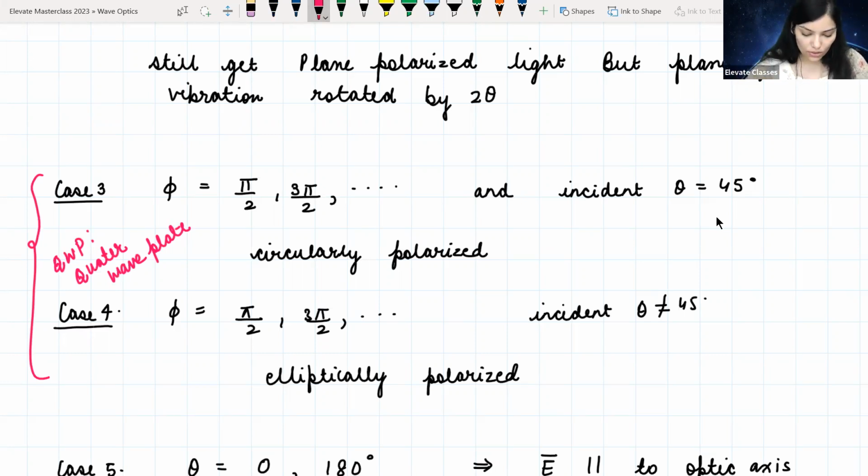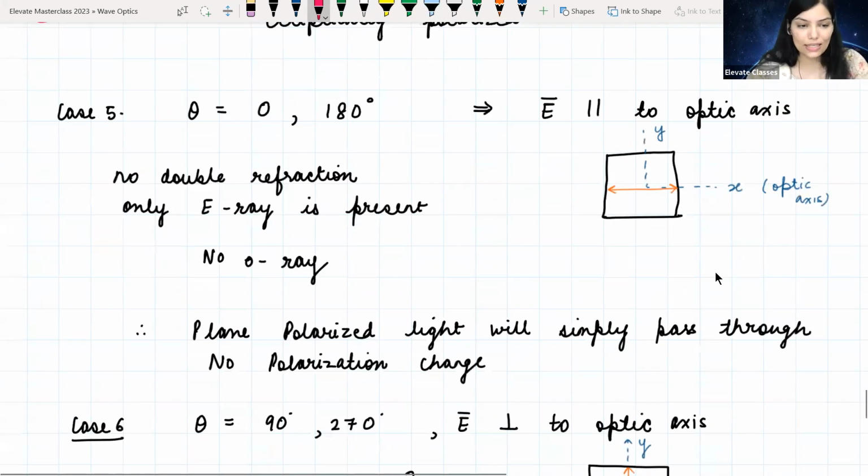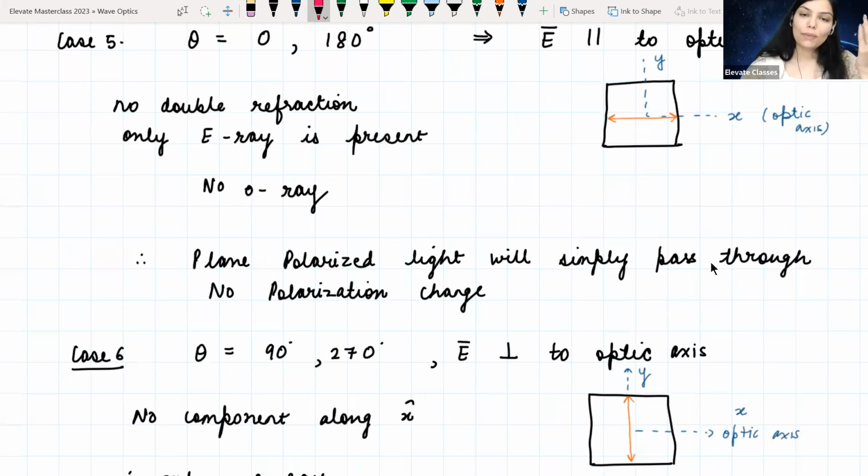So it will introduce a phase difference of pi by 2 or multiple of pi by 2. And now depending on the incident beam, कि beam is incident at 45 degree या फिर किसी और angle पे, a quarter wave plate will give rise to either circularly polarized or elliptically polarized light. Okay.